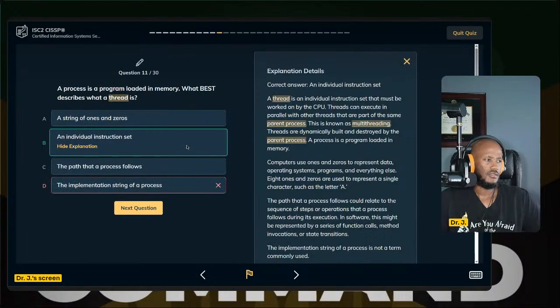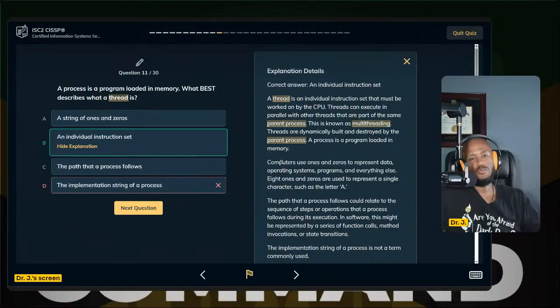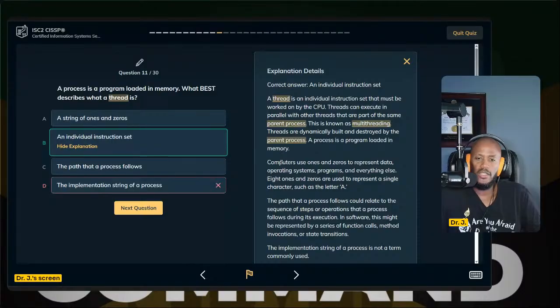I thought it was Delta too; that was my first choice. A thread is an individual instruction set that must be worked on by the CPU. Threads can execute in parallel with other threads that are part of the same parent process. This is known as multi-threading. Threads are dynamically built and destroyed by the parent process. A process is a program loaded in memory.